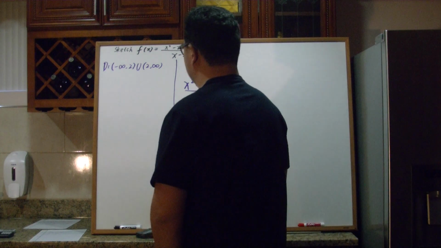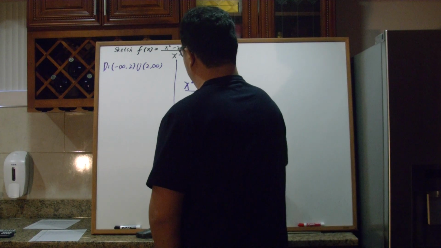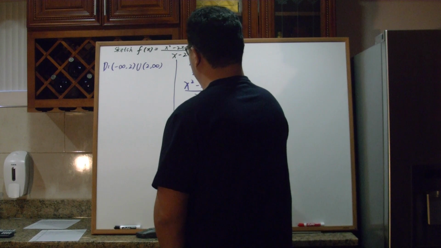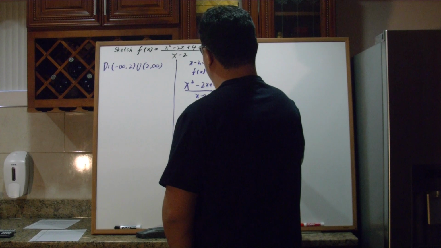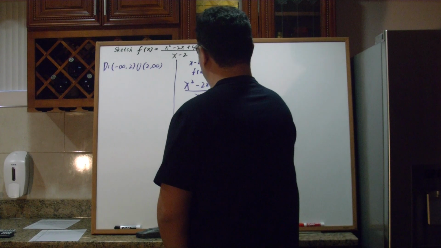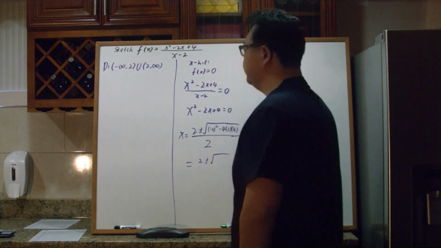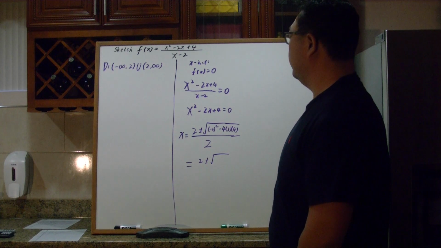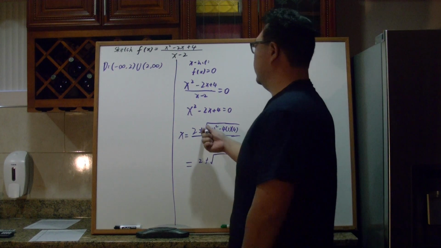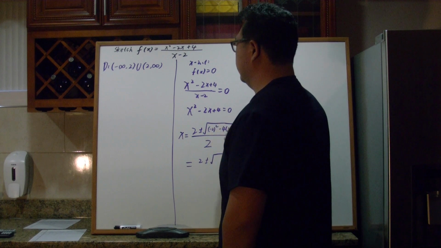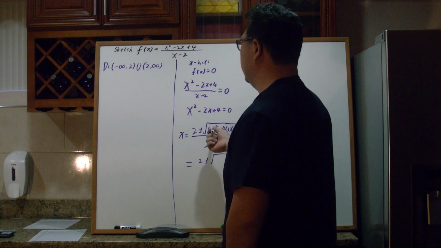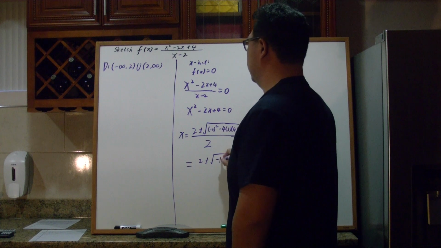When we try to use the formula, negative b plus or minus the square root of b squared minus 4ac, over 2a, we will get a negative number underneath the radical sign, that's 4 minus 16, which is negative 12.